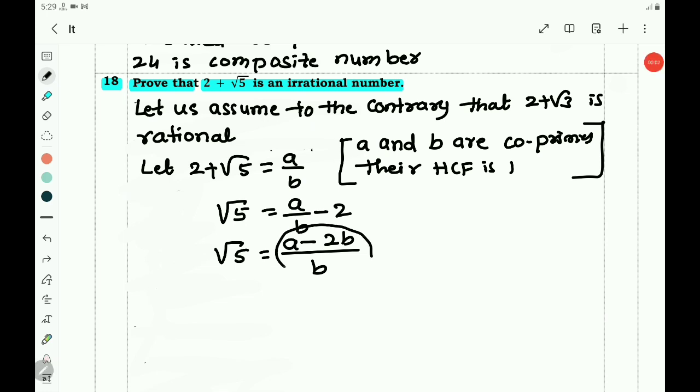If RHS is rational, LHS also must become rational.